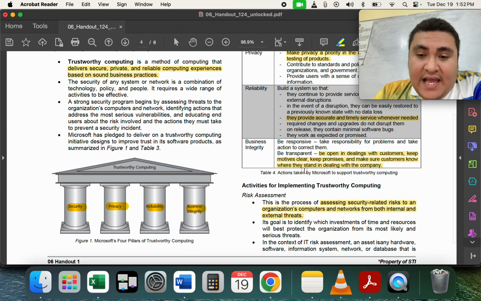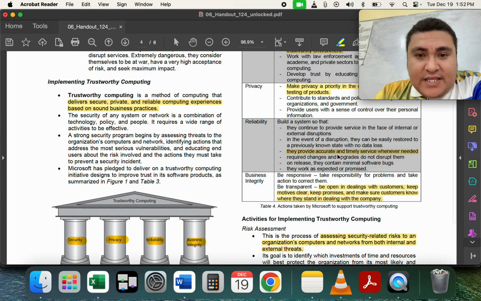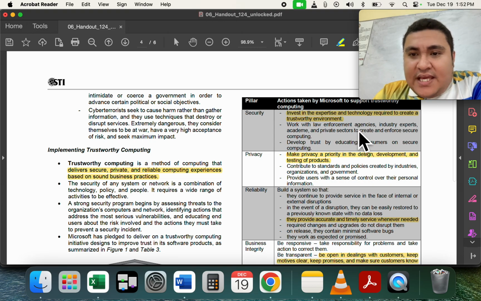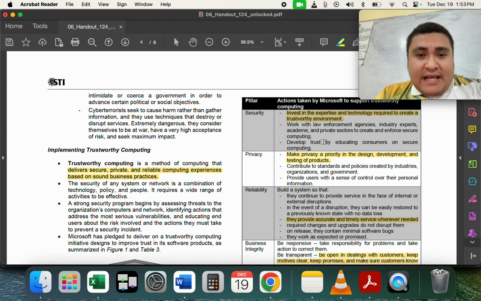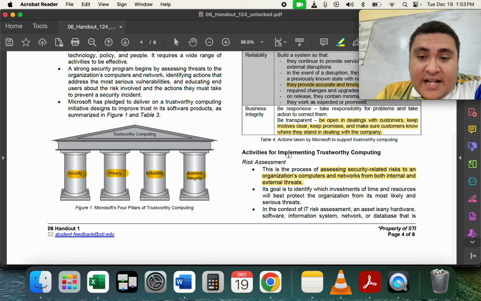Now, we have here activities for implementing trustworthy computing. Again, these are just actions taken by Microsoft. Of course, not all of this can be implemented by other companies, not unless they align themselves with the Microsoft way.